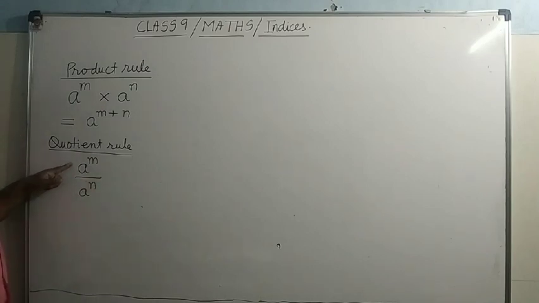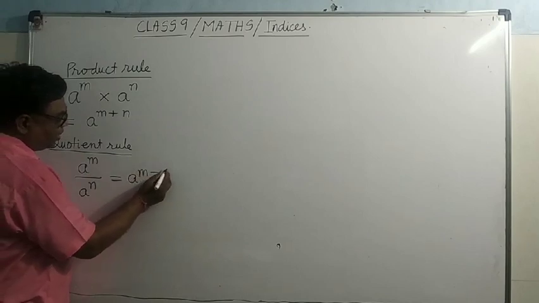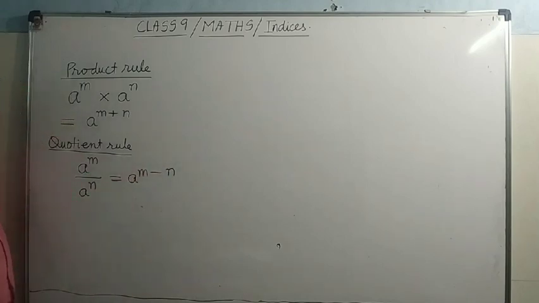Here, this is an exponential number, and this is also an exponential number. There is division between them. So if the base is the same, then what will you write? A to the power m minus n. We can write it as a to the power m minus n. Is it clear? So this way it can be written.